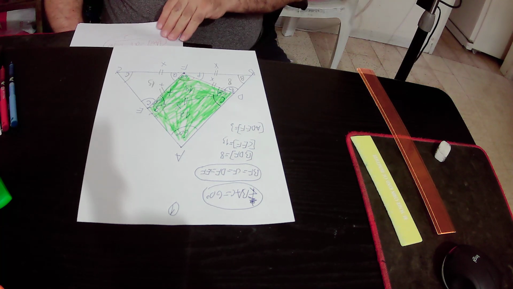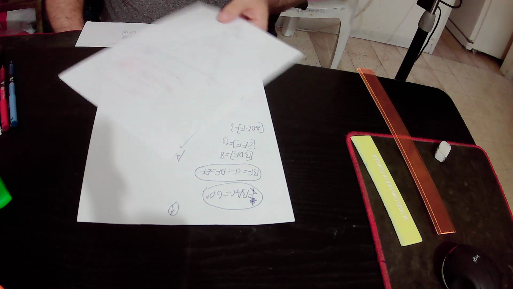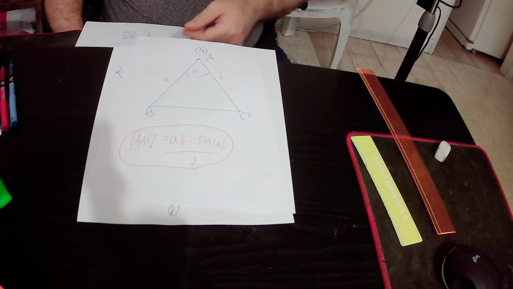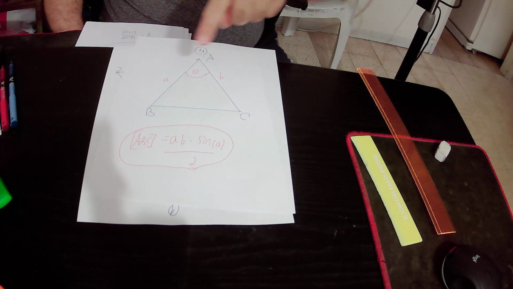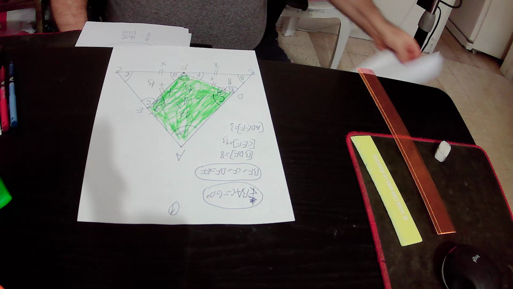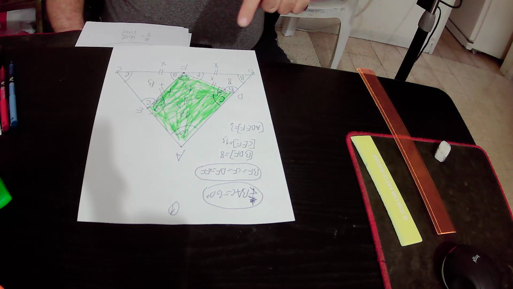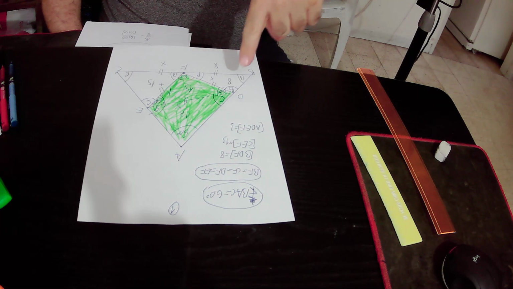Then I presented to you a new formula in order to calculate the area of any triangle. The area of any triangle equals A times B times sine theta over 2. We will use this formula in order to calculate the areas of triangle FEC and triangle BDF.